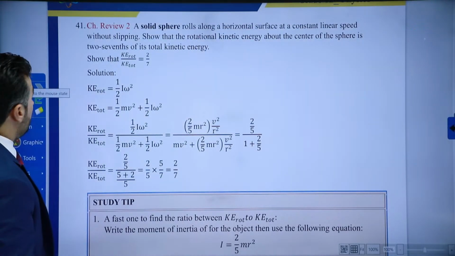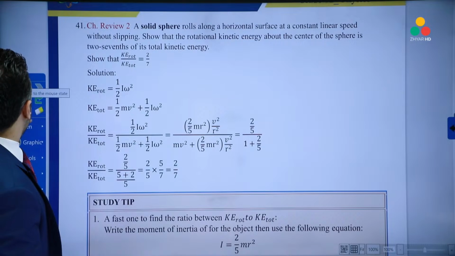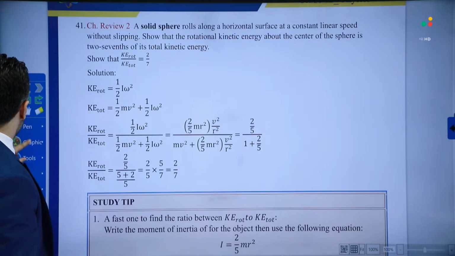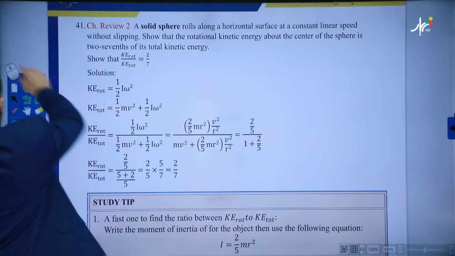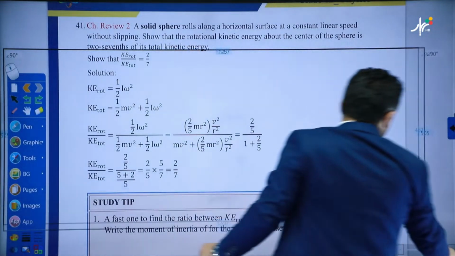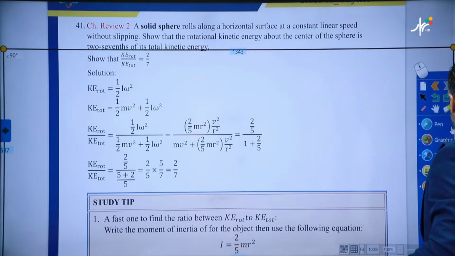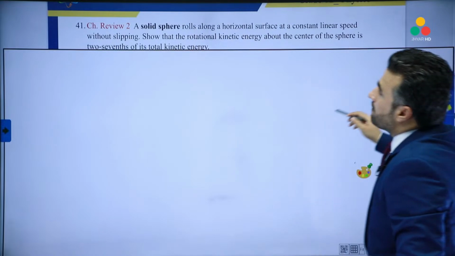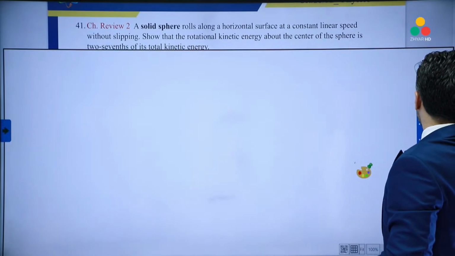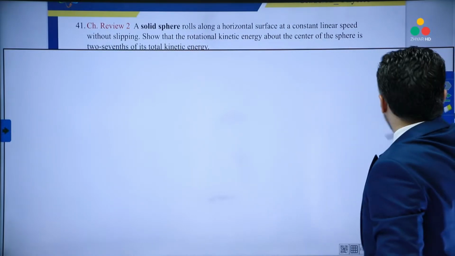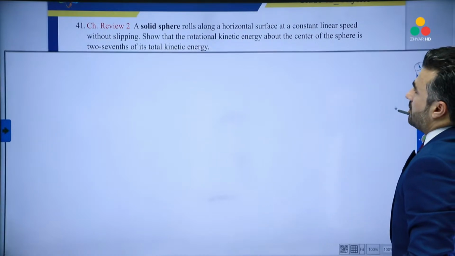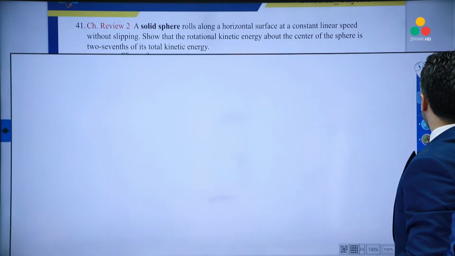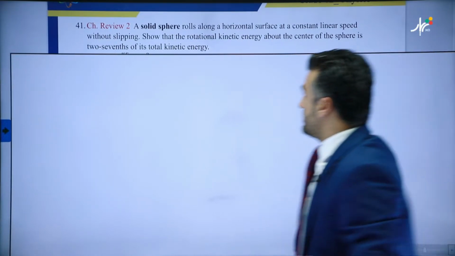All right, let's do this. So we have a solid sphere. So what is the moment of inertia of a solid sphere? Let's move this one a little bit down. Okay, here. So what is the question?